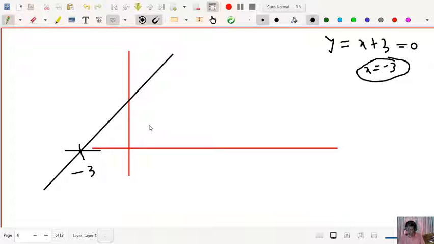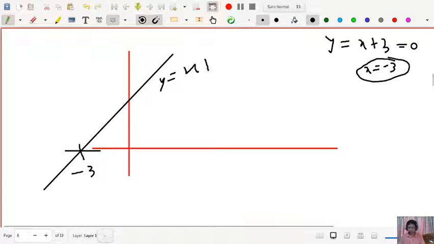Thus x equal to minus 3, which is a root of the equation, is actually a value of x where the graph of y equal to f(x), that is y equal to x plus 3, intersects the x-axis. This is your x-axis. Am I clear with this explanation?